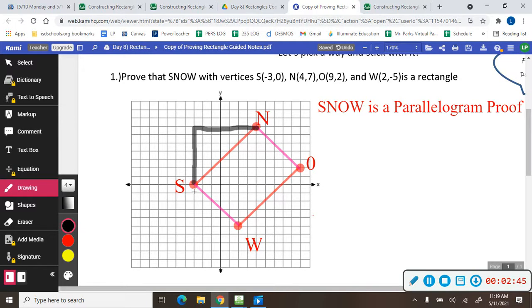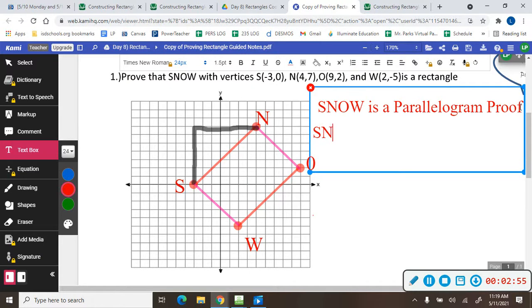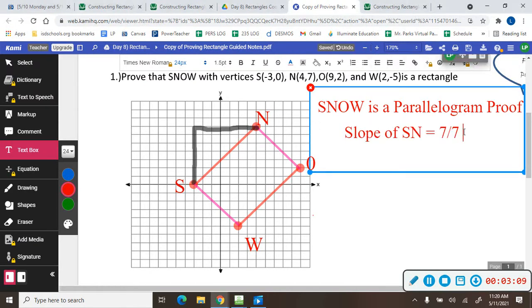Or you could have just said up 1 over 1, same thing. So the slope of SN is 7 over 7, which equals 1. In other words, you go up 1 over 1.